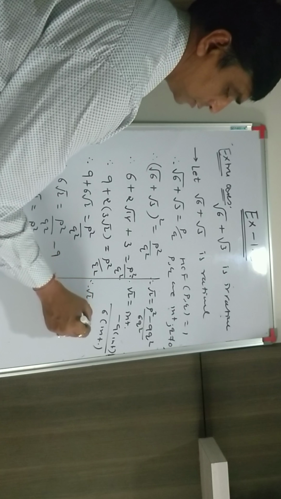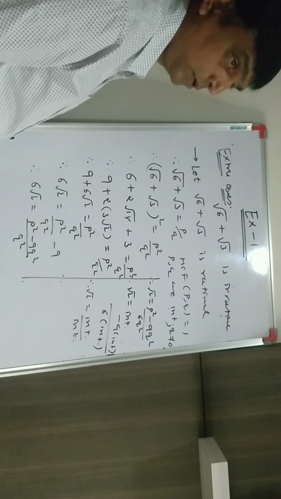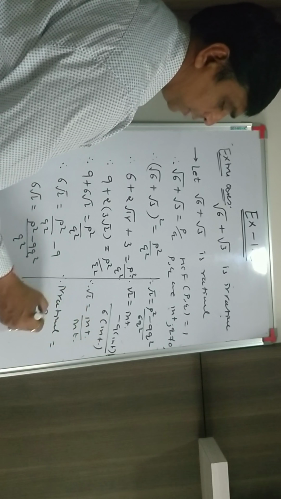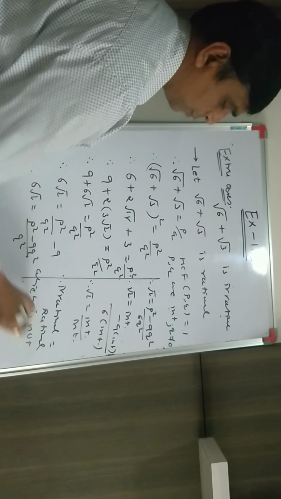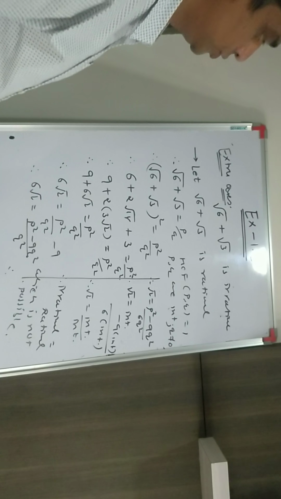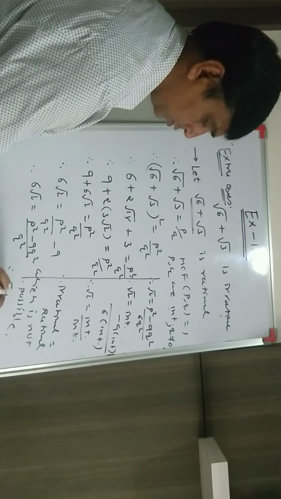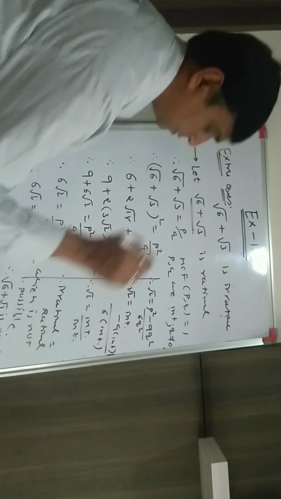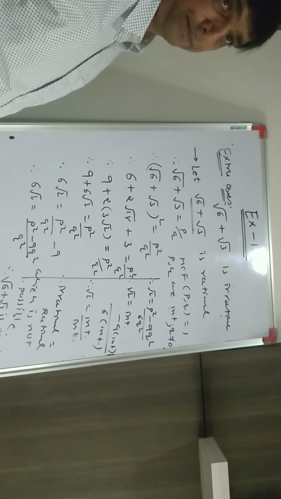Therefore root 2 equals integer upon integer, and therefore root 2, that is irrational, integer upon integer is rational, which is not possible. And therefore our supposition that root 6 plus root 3 is rational is wrong. And so we can say root 6 plus root 3 is irrational. So in this way we can prove the numbers are irrational.